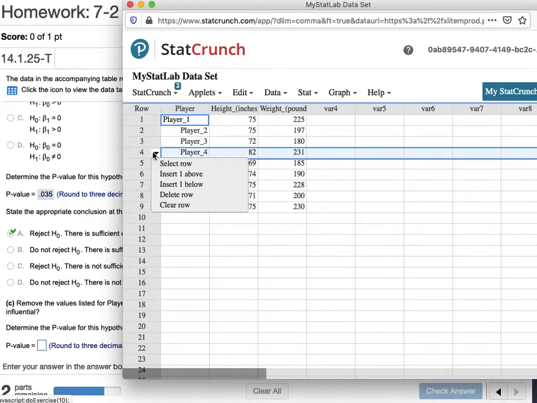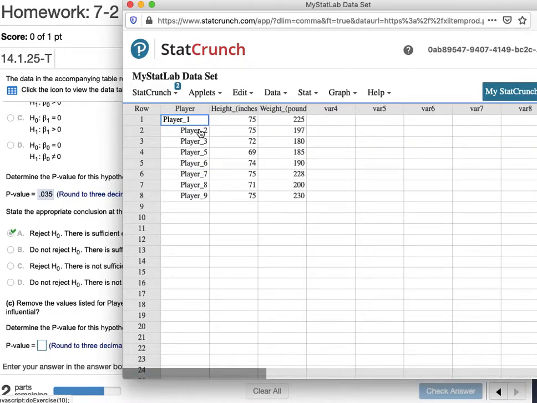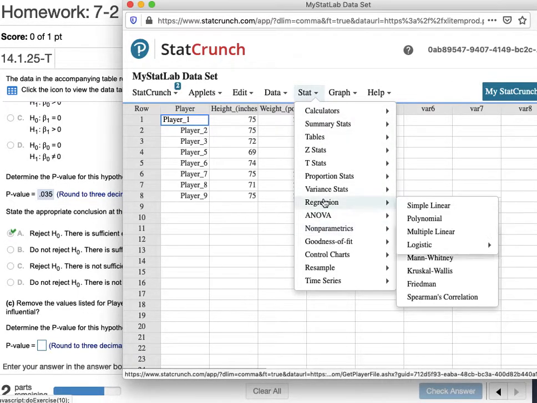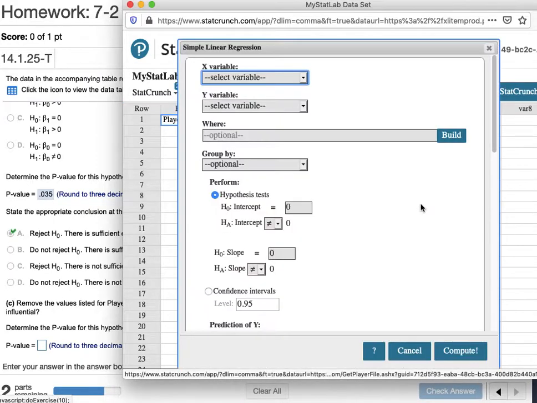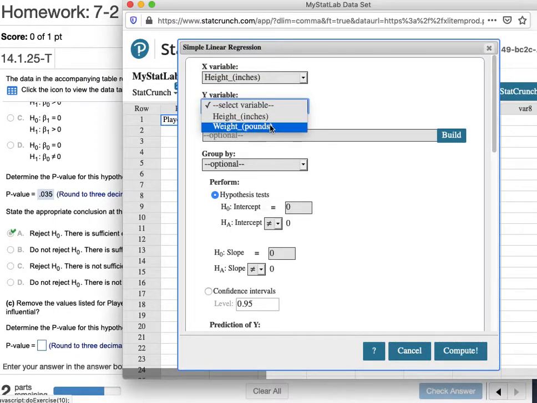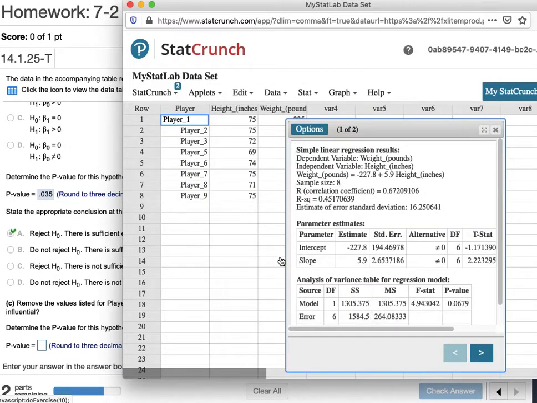And you can just delete the row. And now we just have 1, 2, 3, 5, 6, 7, 8, 9. And then we want to compute the regression, simple linear. We're going to have to choose the height for the explanatory and then weight for the dependent variable. And then let's take a look.